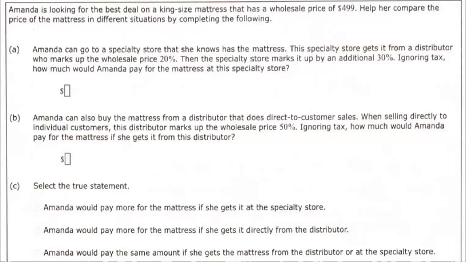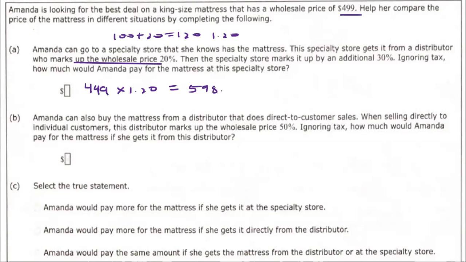So we start out with 499, and it tells us they get it from the distributor who marks up the wholesale price 20%. So that's going to be 100 plus 20, which is 120%, which is 1.20. So we're going to multiply this by 1.20. When we do that, we get $598.80. And then the specialty store marks it up by an additional 30%.